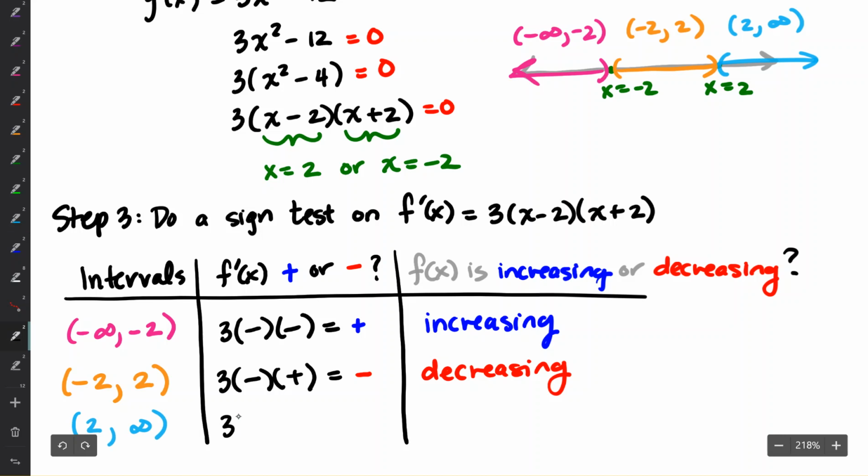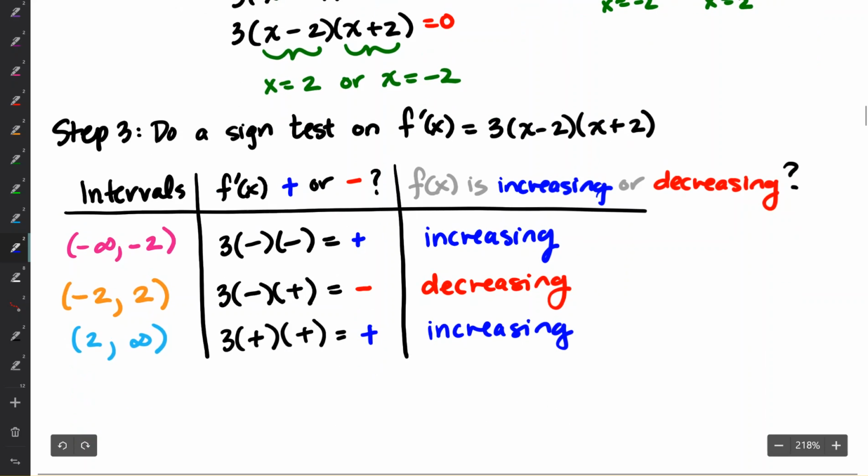My first derivative is 3 times, pick anything bigger than 2, 10. 10 minus 2 is 8, it's positive. 10 plus 2 is 12, it's positive. We have a positive times a positive times positive 3, which is positive. Since my first derivative is positive, my function is increasing.